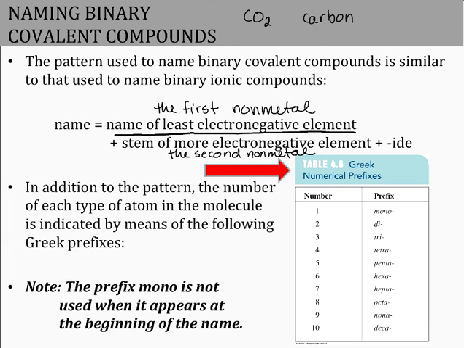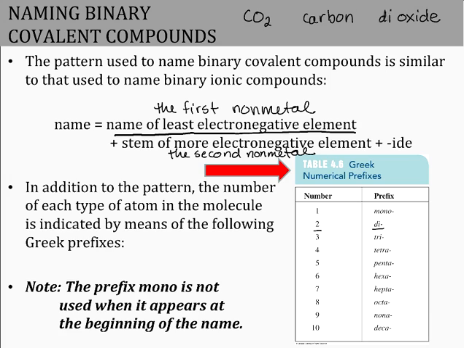So the oxygen becomes oxide, but we want to indicate how many oxygens we have and how many carbons we have. So we're going to use prefixes. We have 2 oxygen atoms, so we're going to use the prefix di. So this becomes carbon dioxide.